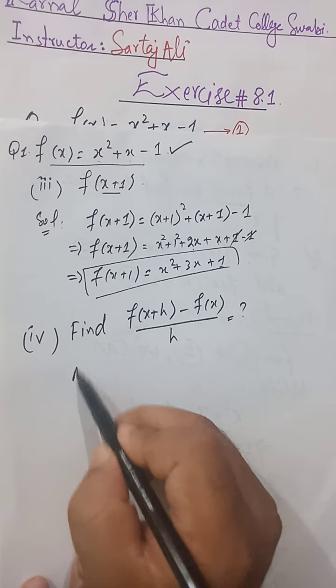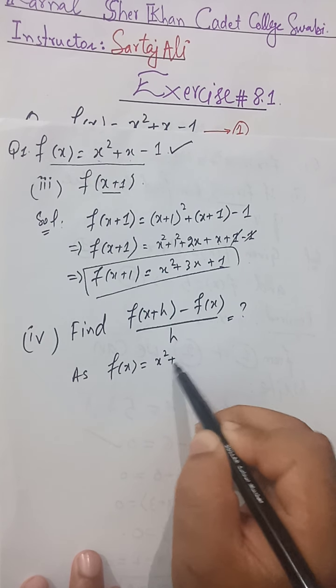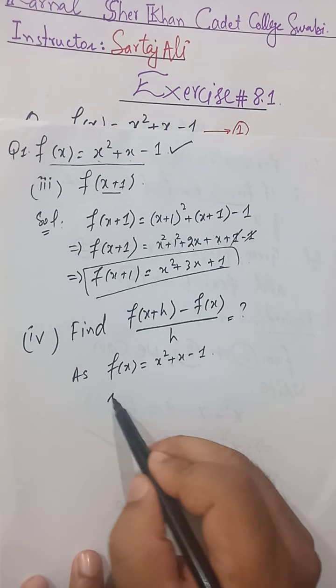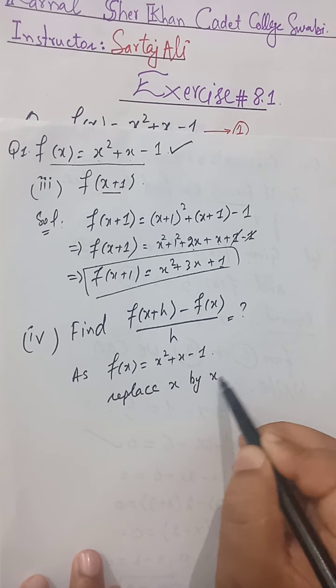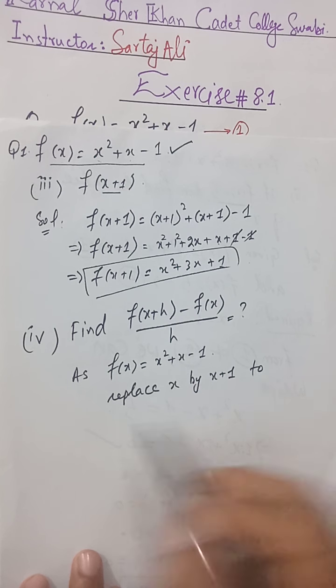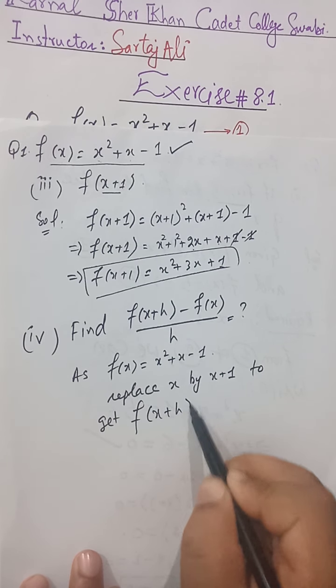As we know f of x is x square plus x minus 1, so replace x by x plus h to get f of x plus h.